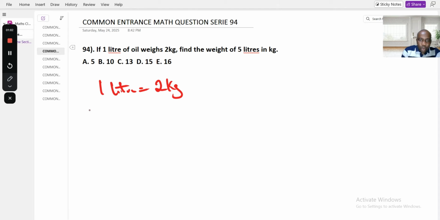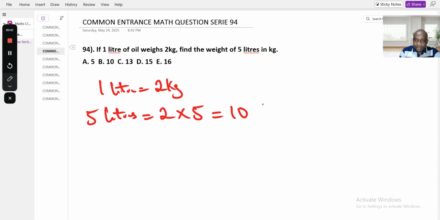Now to know the number for 5 liters, we are going to say 2 kg, because 1 liter weighs 2 kg. For 5 liters, it is going to weigh, for each one 2. We are going to say 2 multiplied by 5 is going to give us 10 kg. It's going to weigh 10 kg. Do you have 10 there? Yes. Let's move to the next question.